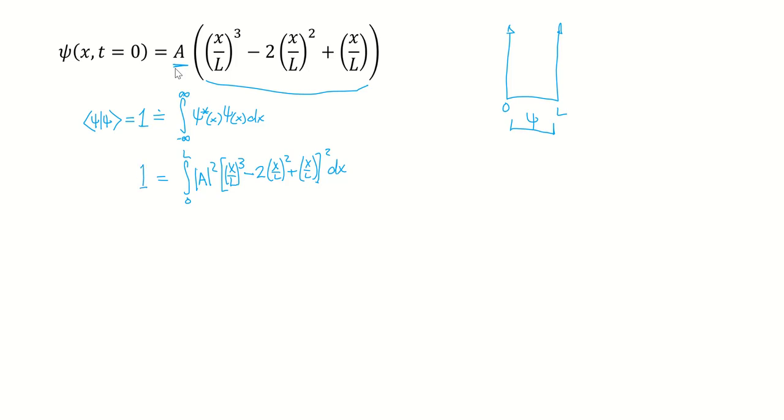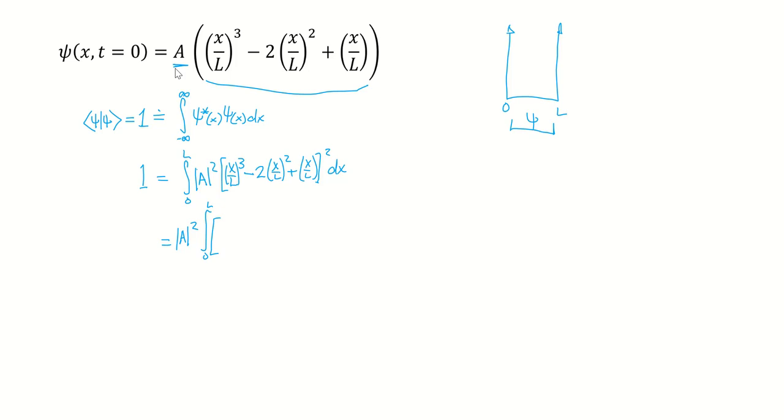Normalizing this amounts to a somewhat tedious integral, but it's an integral we should all be able to do. This is going to be A squared times the integral from 0 to L of all of these terms.